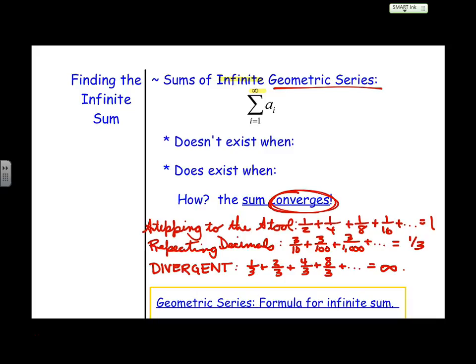Karina's saying on the first two, the numerators are the same, and on the last one, the denominator is the same. That's a key difference. It's not what I'm going to write up here, but it does lead us closer to the idea. The denominators are growing on the first ones as the numerator stays constant.